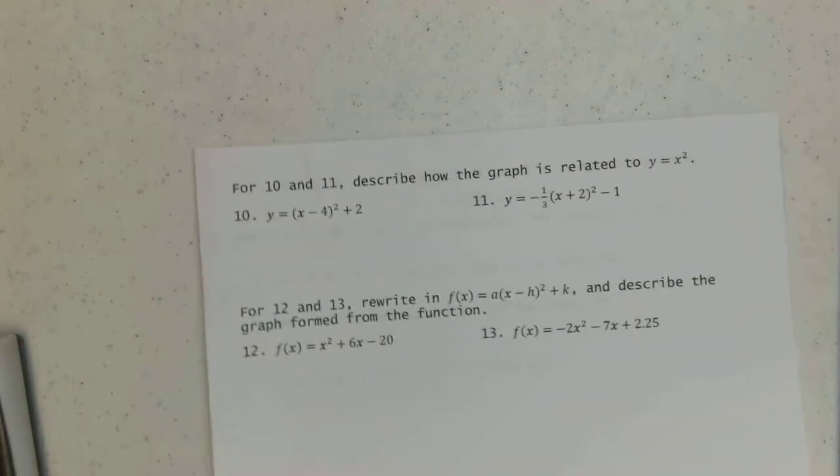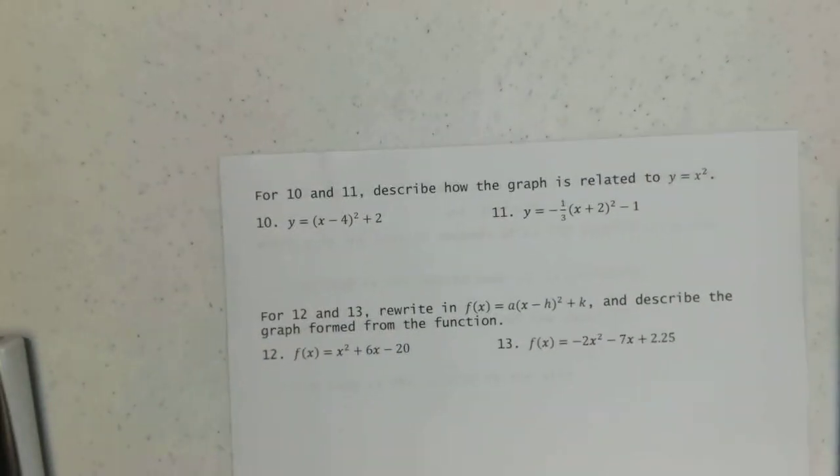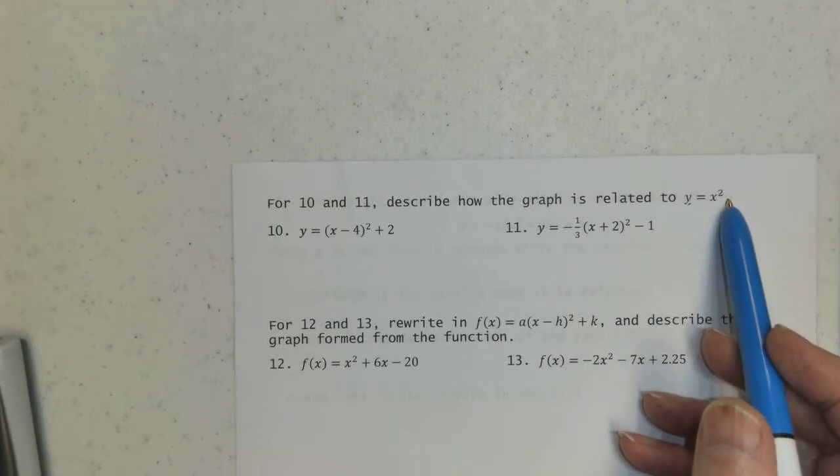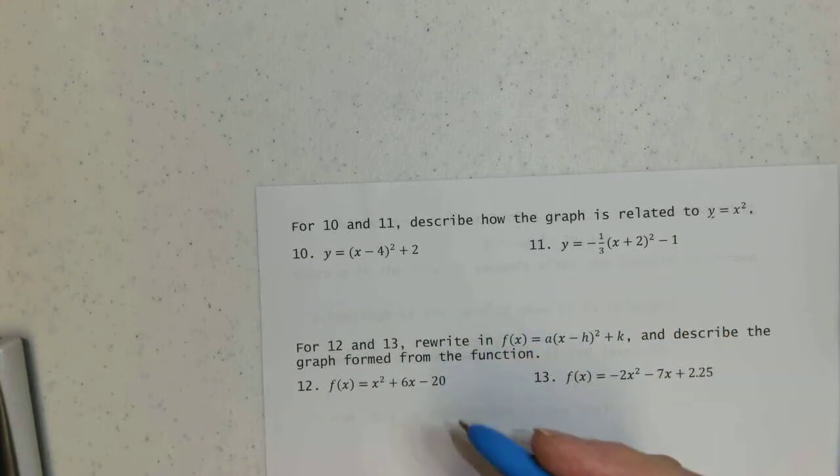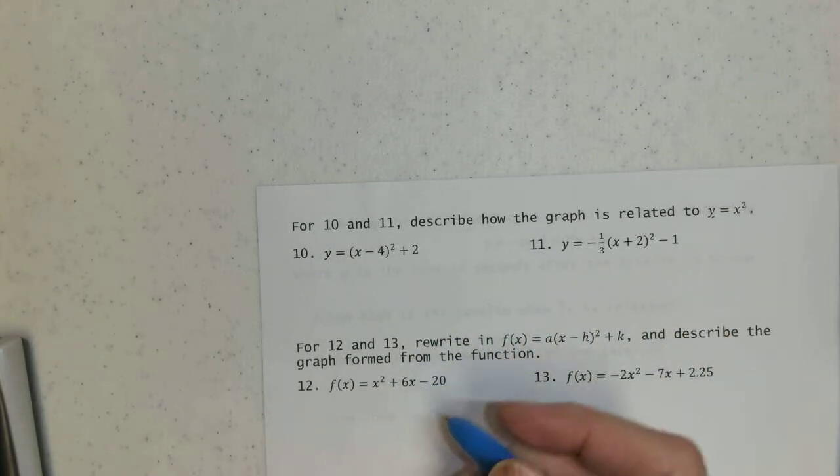Next, for 10 and 11, describe how the graph is related to y equals x squared. On this one, the shape of it is not changing.